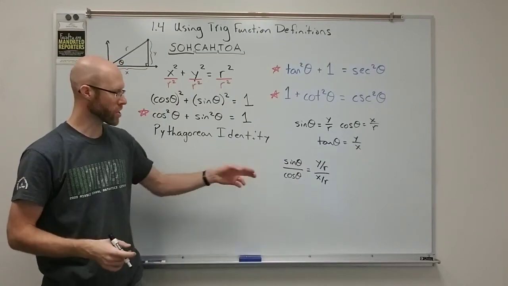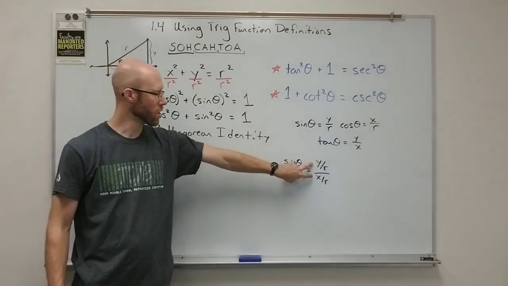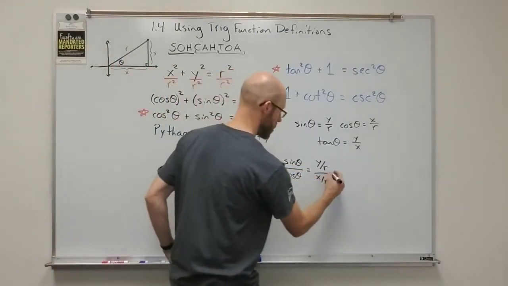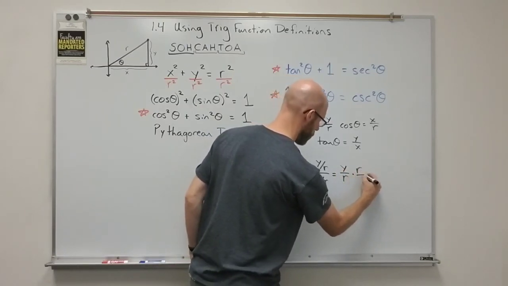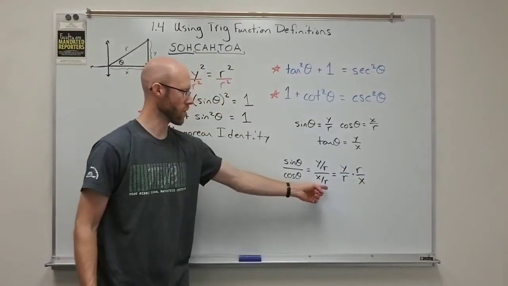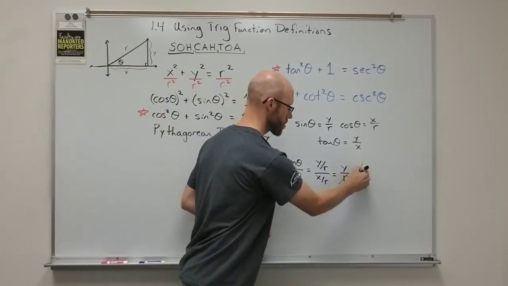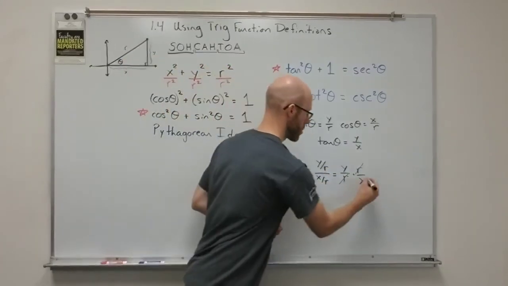And with fractions, remember, if you have a complex fraction like this, a fraction inside of a fraction, you can multiply by the reciprocal of the bottom. And so you end up with y over r times r over x, right? The x over r flips. And then the r's cancel out, and you're left with just y over x.